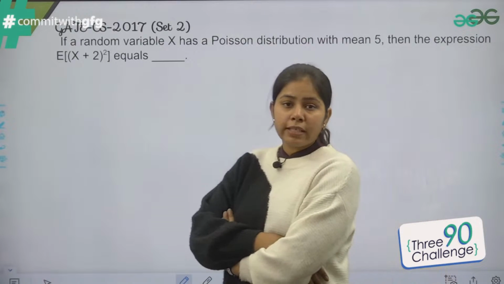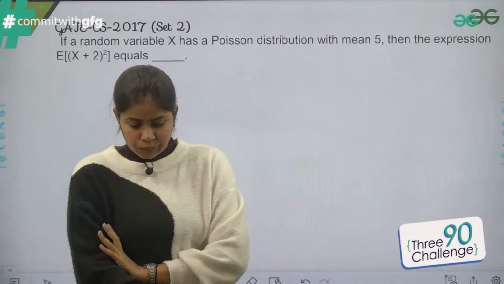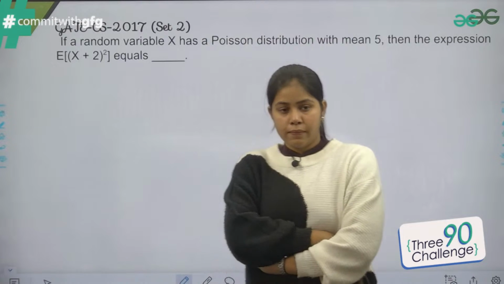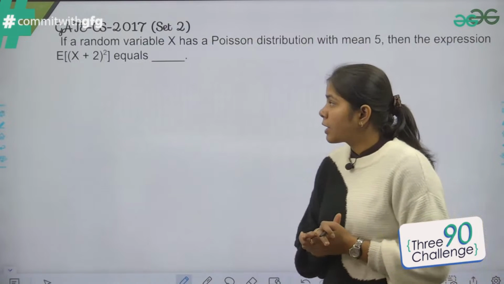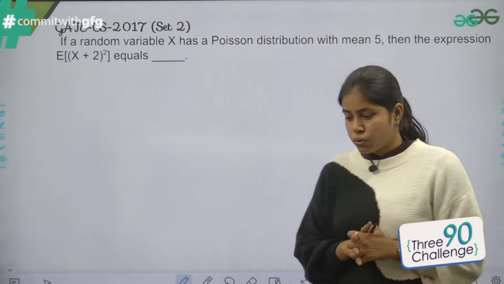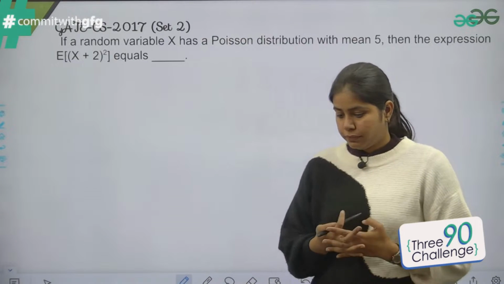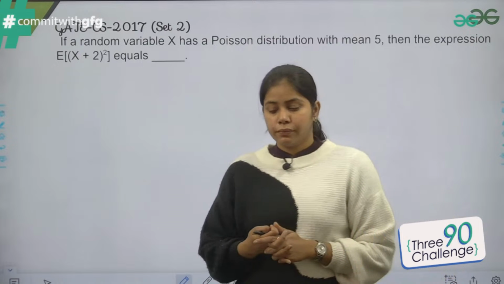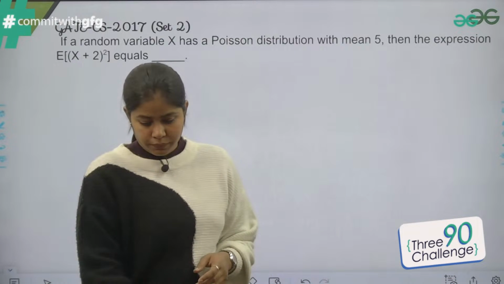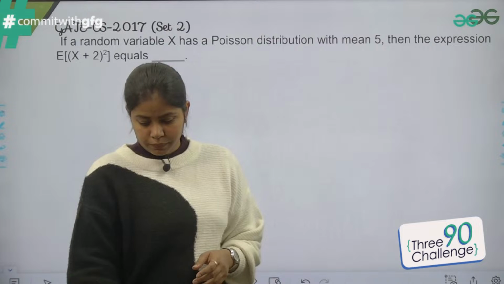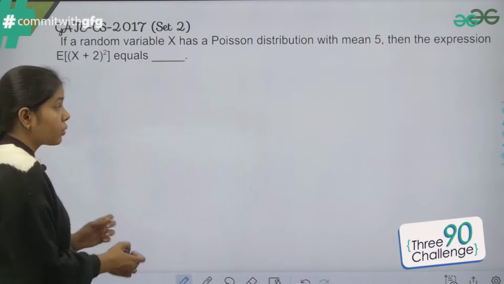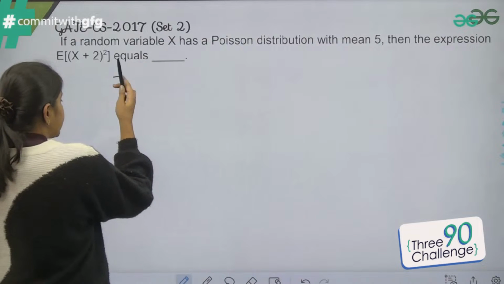How would we solve this? Expectation of (x plus 2) whole square equals. Expectation has this property.